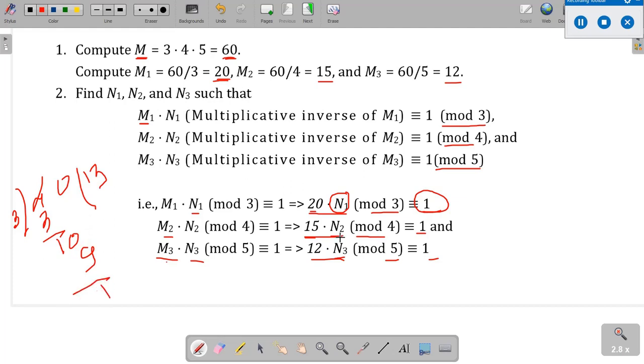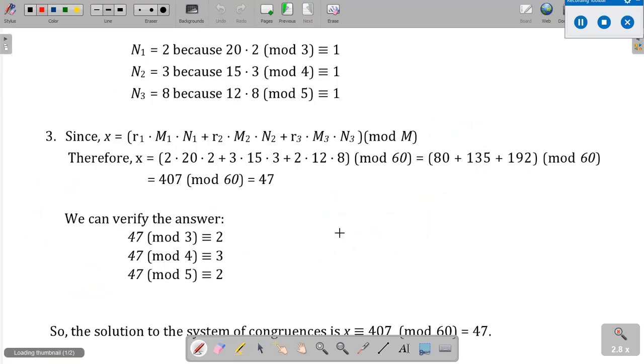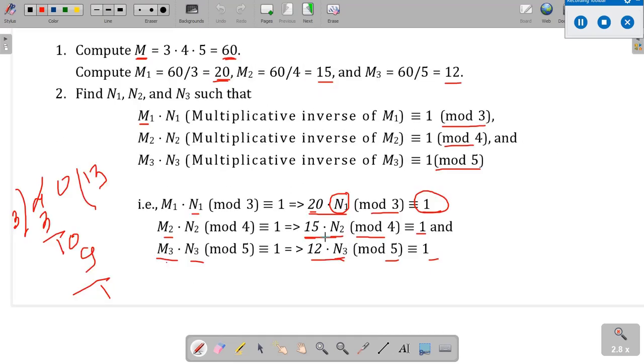Similarly, for this n2 we will use 3. You can use 1, but it will not give you remainder 1. For n2 equal to 2, we will not get the remainder 1. If we take n2 equal to 3, then 15 into 3 becomes 45.